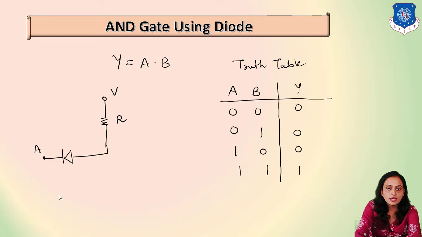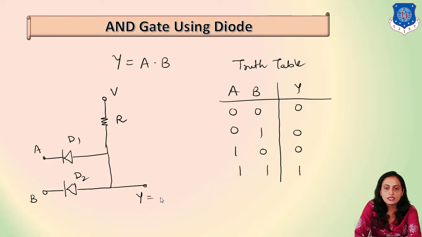Here I have applied the input A to the diode 1, that is D1, and this is diode 2, D2, and here the input is B. Over here we are taking the output Y, which provides us the operation of the AND gate, A dot B. This voltage is plus 5 volt, and this is a current limiting resistor.